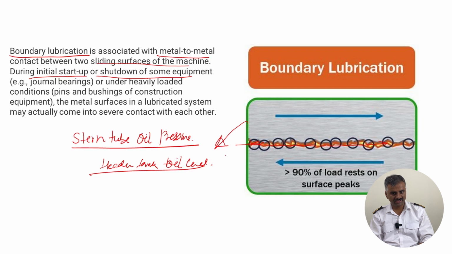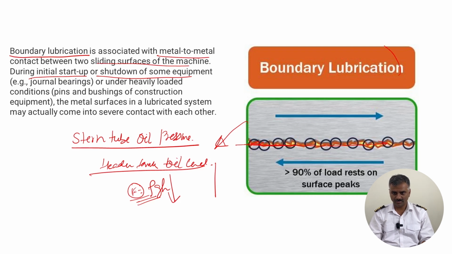If your gravity tank level is low, that means the head is less. As we know, by rho gh, if your height reduces, the force reduces, right? So as your height reduces, the lube oil film reduces and there is a chance of bearing wear down. So basically, the initial lubrication phase is boundary lubrication.